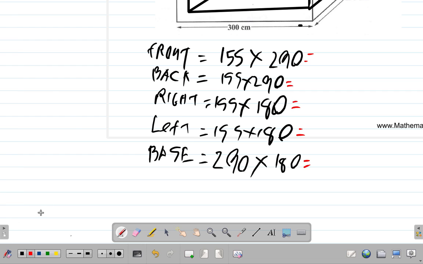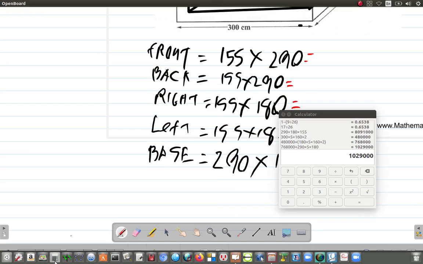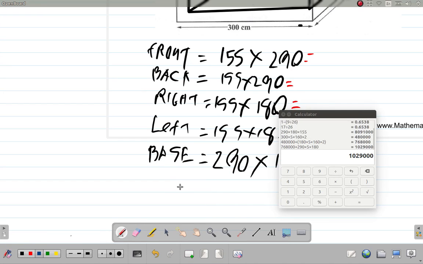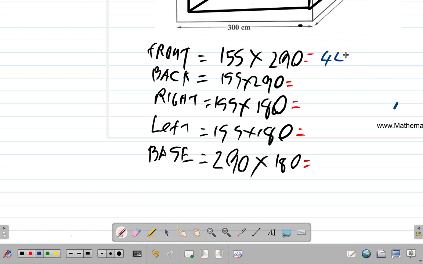So the calculator now. What you're going to have is 155 by 290, equal 44,950. 44,950 plus 155 by 290, 44,950.